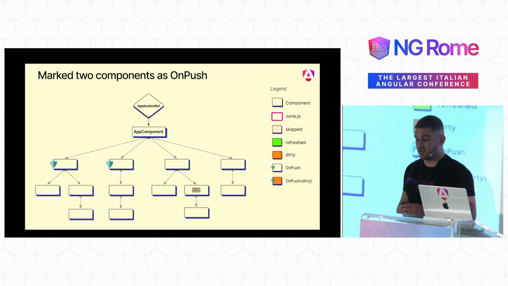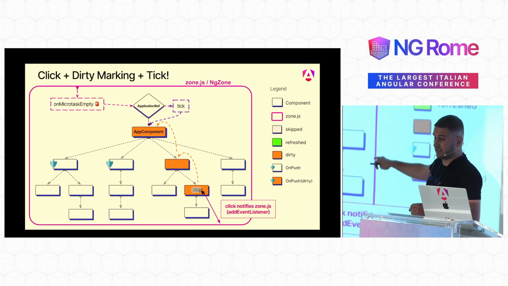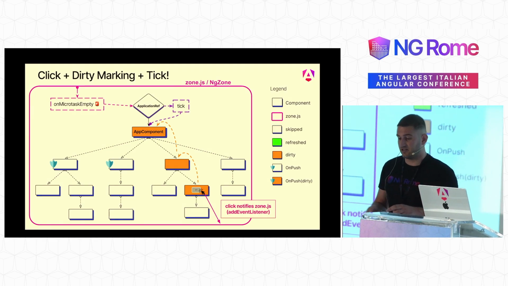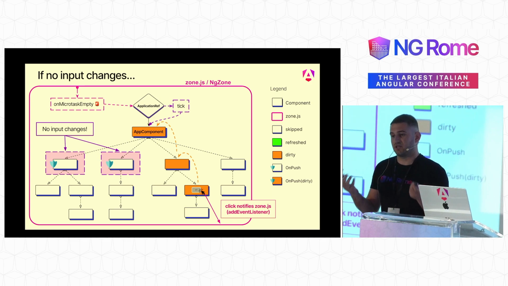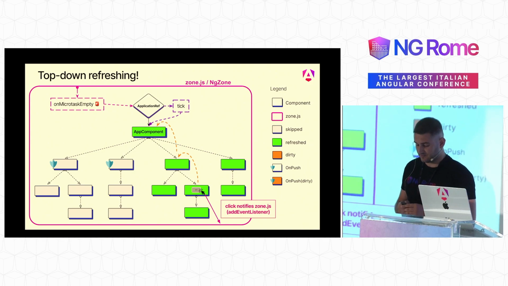So I've marked these two components, and then I do the same thing. I click, it will mark ancestors as dirty, the microtask empty will emit, it will tick, and then it will go to these two components. It will see maybe that the inputs didn't change, so it will skip them and refresh the whole other part.